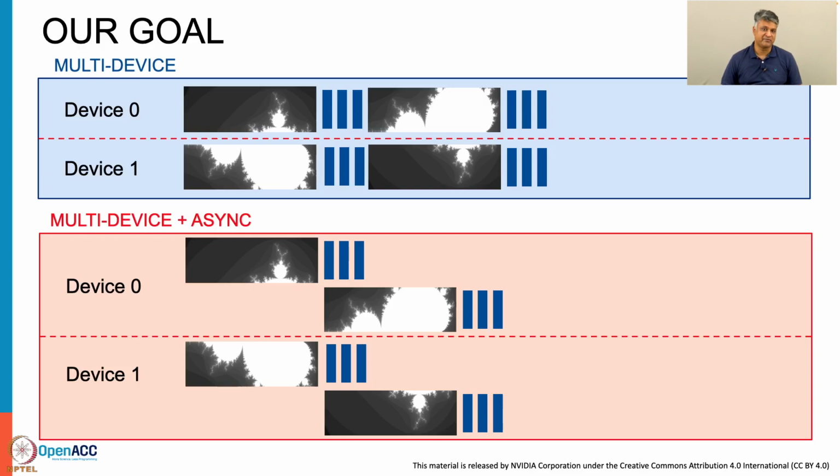If you use multiple devices and async, we are able to interleave the computation of block 1 with the data update of block 0. Similarly, on device 1, we are able to interleave the update of block 2 with the compute of block 3, which will enable us to finish faster.